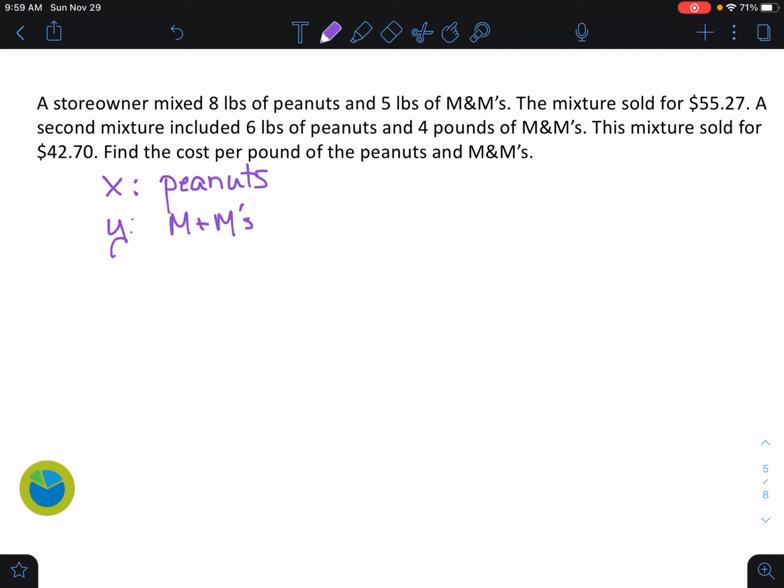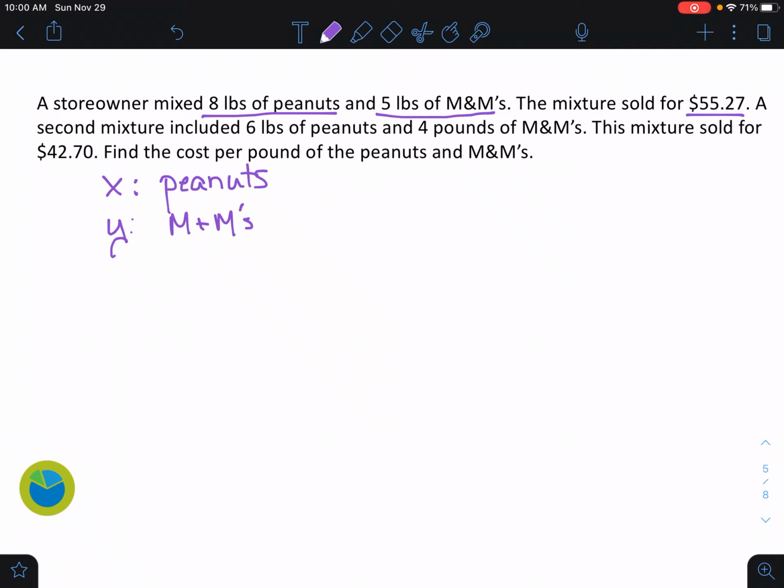So now we want to go back and do some close reading and look at what we've got here. Okay, so now 8 pounds of peanuts and 5 pounds of M&Ms, and the total is $55.27. So that actually gives us our first equation.